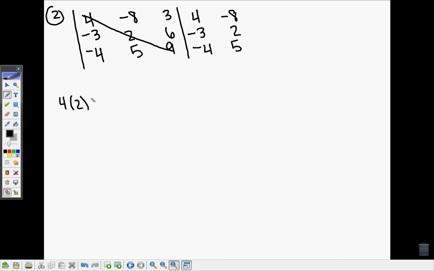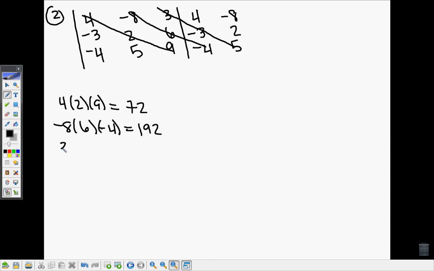4 times 2 times 9, which is going to be 72. The next diagonal, -8 times 6 times -4. What's that? 192. And the last diagonal we can draw from the upper left is 3 times -3 times 5.